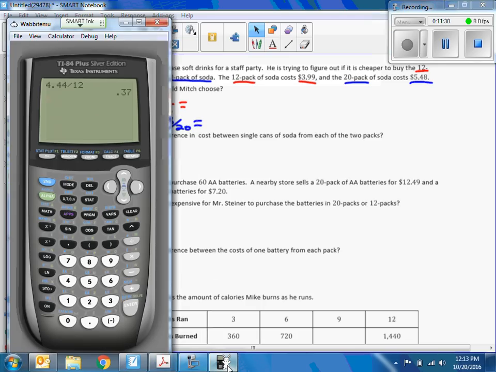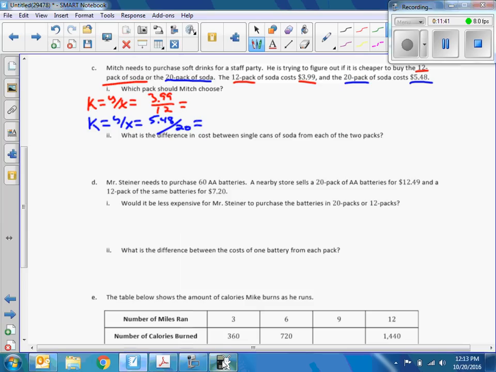Okay, go back to my calculator. 5.48 divided by 20 is 27.4 cents per can. So about a quarter, a little more than a quarter, 27 cents per can.